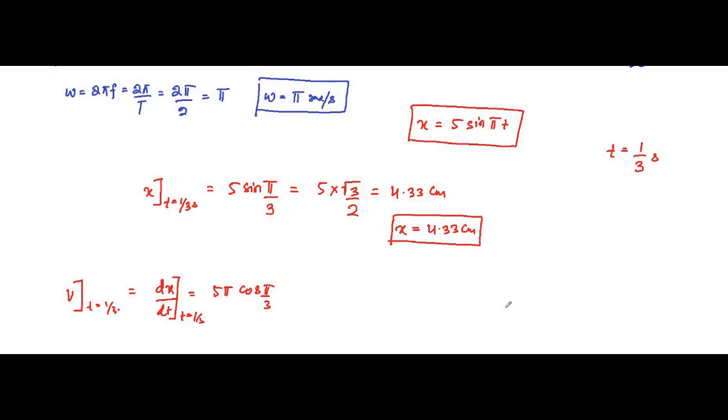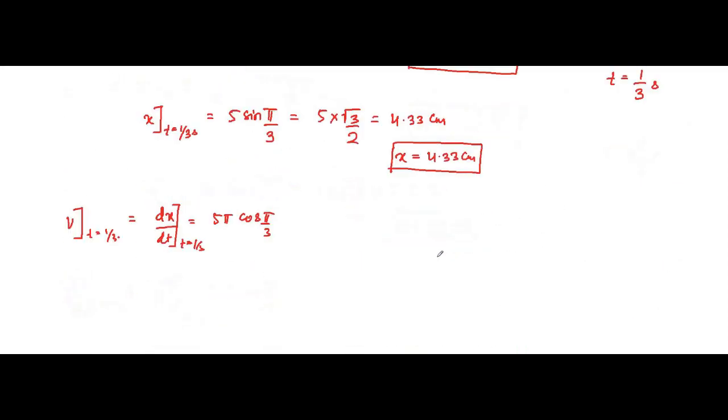We know x is equal to a sine omega t, so velocity, that is dx by dt, becomes omega a cos omega t. Omega is equal to pi and a is 5, t is 1 by 3, so this becomes 5 pi cos pi by 3. So this becomes cos 60 degrees, 1 by 2, times 5 times 3.14.